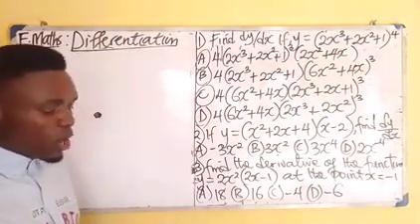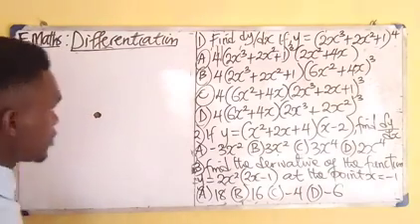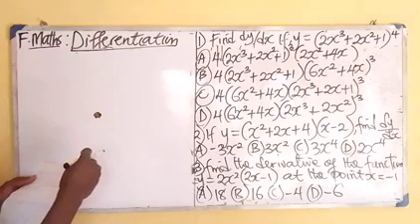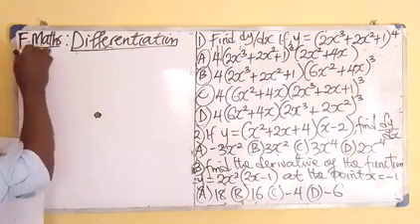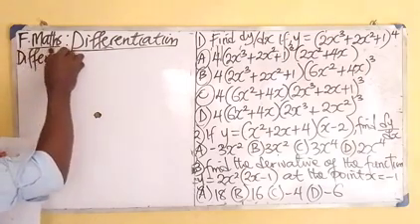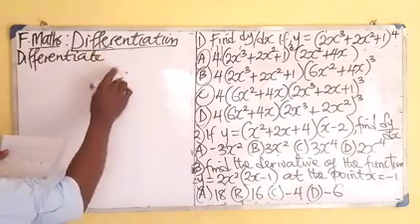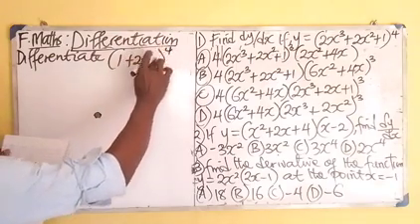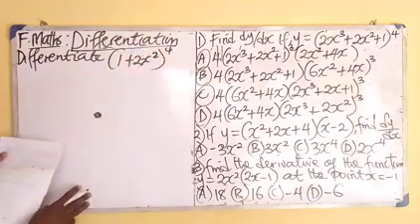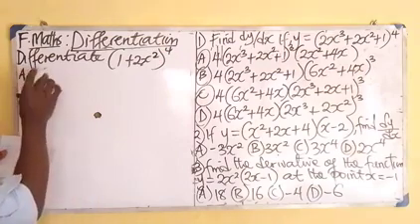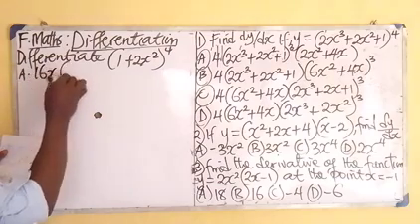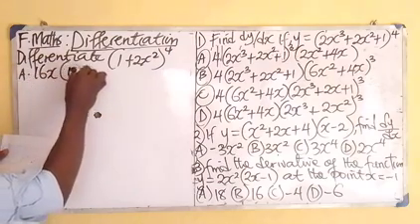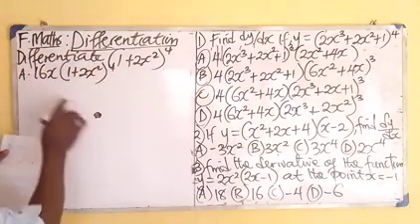Okay. Now we have some questions here on how to differentiate. Differentiate 1 plus 2x squared raised to power 4. Alright, 1 plus 2x squared raised to power 4. I'll give you the options that we have here. A, 16x, open brackets, 1 plus 2x squared raised to power 4.